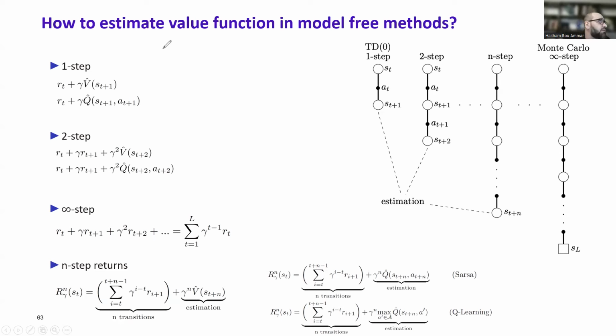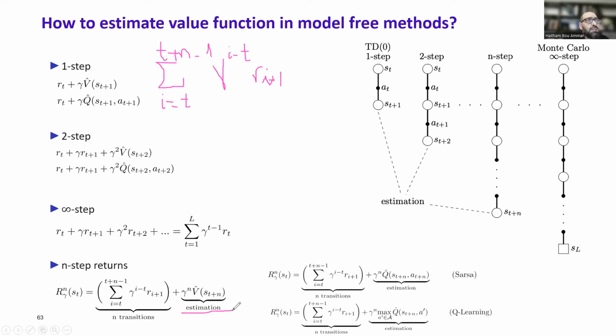We have the summation from i equals t to t plus n minus 1 of gamma^{i-t} R_{i+1}.